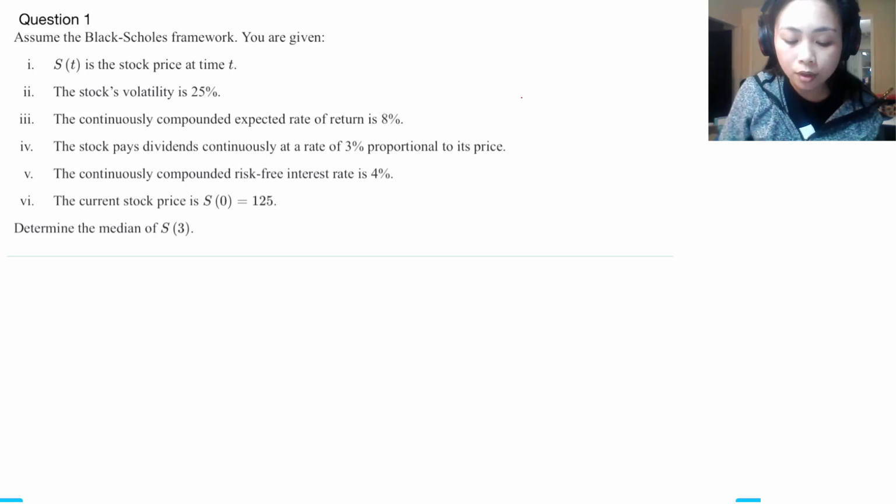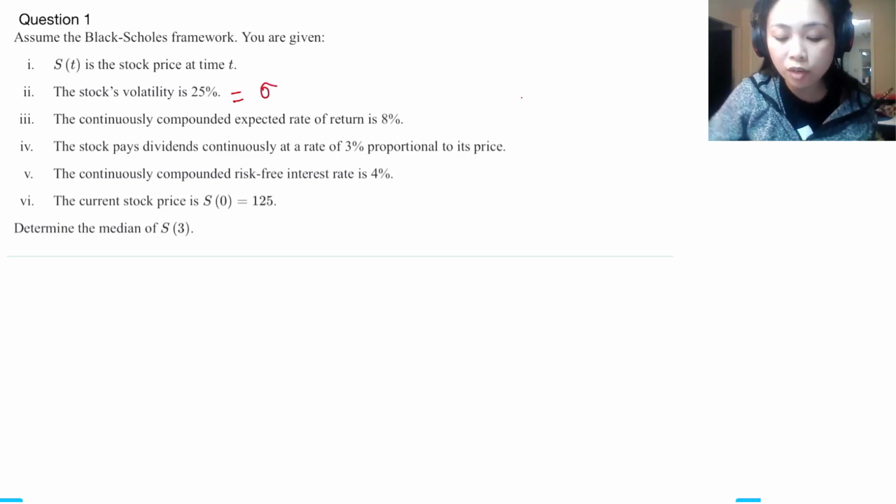So, there are two ways to work on this problem. The very easy way is just to use the formula of the median. Let's summarize the question for a minute. We got 25% here, it's just the volatility, so sigma is 25%. The continuously compounded expected rate of return is 8%, and this is alpha.